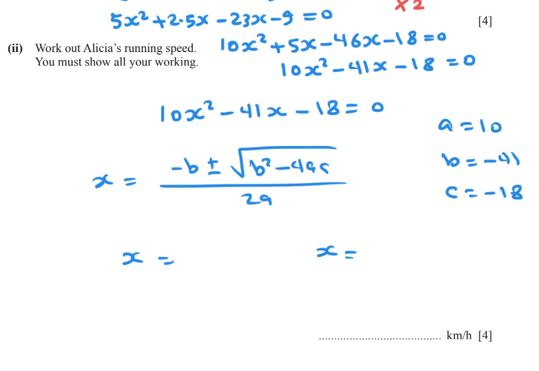Now use your calculator, mode 5-3, to get the two answers. The two values are negative 0.4 and the other value 4.5. Negative 0.4 is rejected because speed cannot be negative. So x equals 4.5. So the running speed is 2x plus 1, so 2 times 4.5 plus 1 equals 10 kilometers per hour.